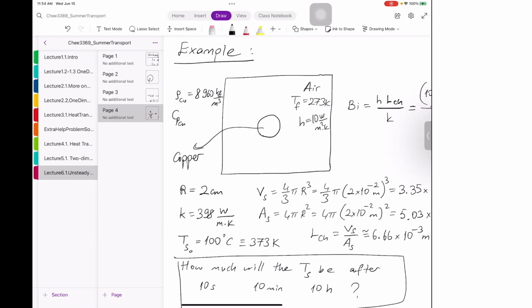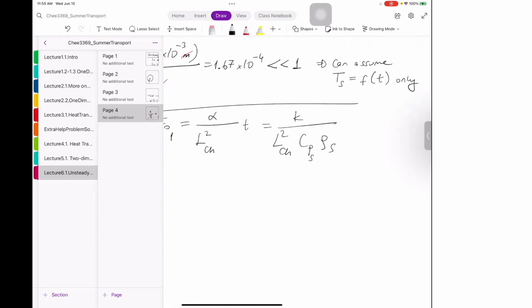And the Cp of copper is going to be 385 joules per kilogram Kelvin in SI units. Okay, good.